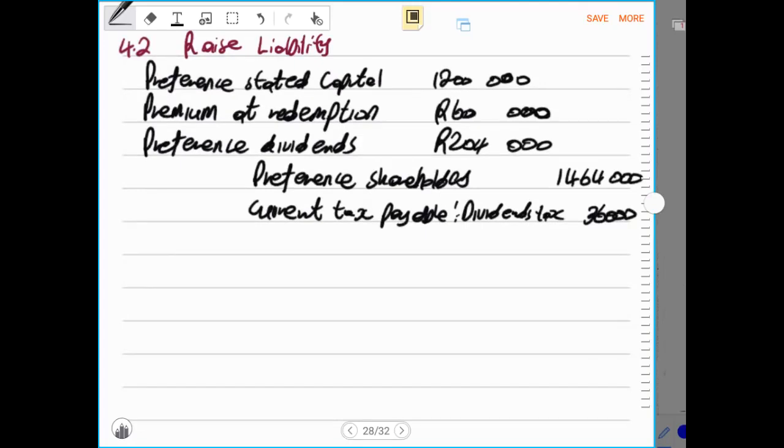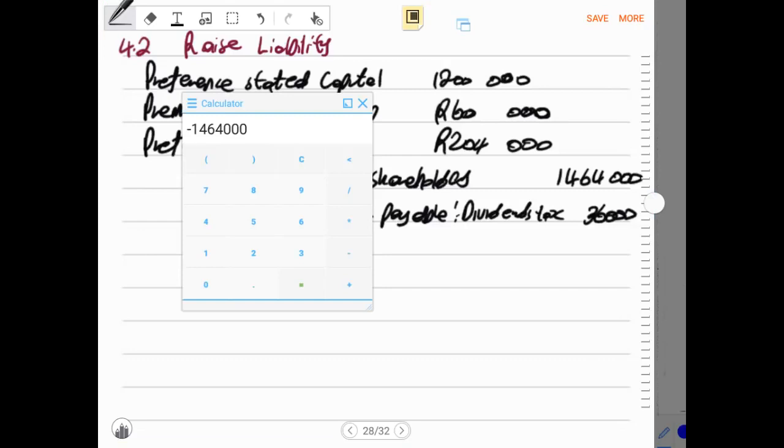So make sure that at the end your total debit side is equal to your total credit side, always, when you do a journal entry. If you say 1,464,000 plus 36,000, that gives us 1,500,000 rands.